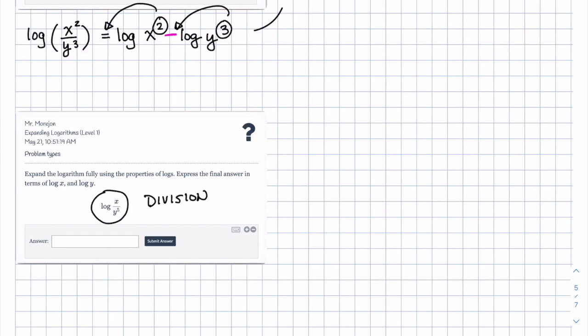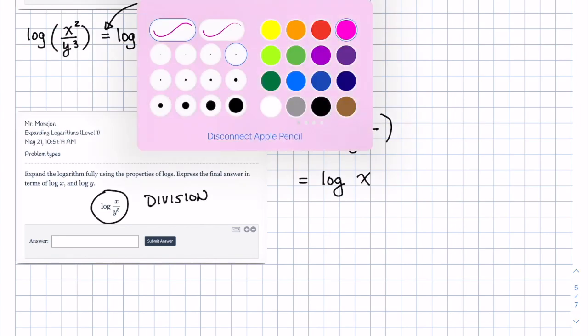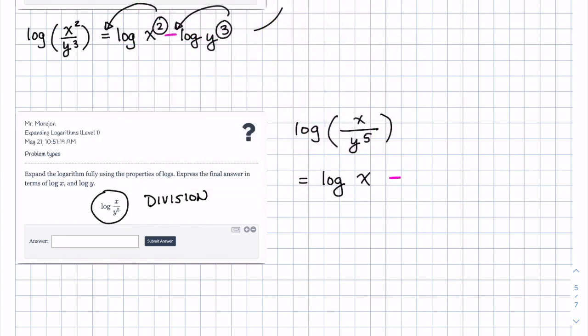And so I can write it as, if I have log of x over y to the 5th, I can write that as log of x minus log of y to the 5th. So very similar to the last one.